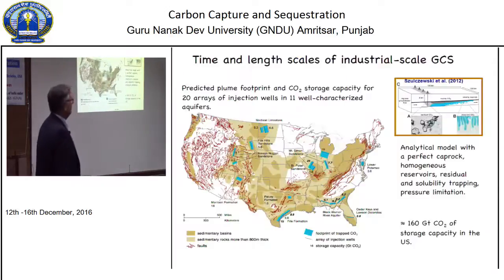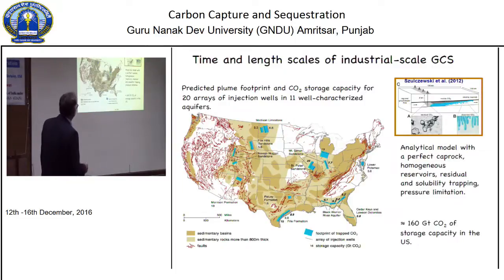So what about the time and length scales of industrial scale gas sequestration and storage? Here's a picture of the United States in which we show the various basins laid out in brown here that are acceptable for holding brine. Here's the footprint of trapped CO2 in various test sites around the country, again, mainly for enhanced oil recovery.